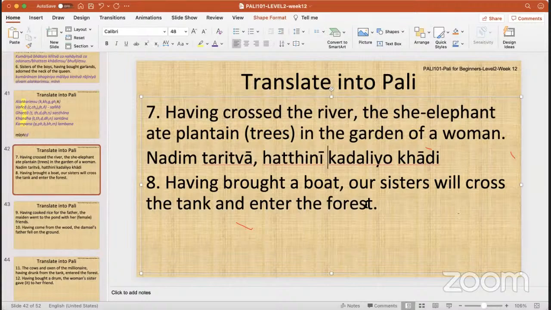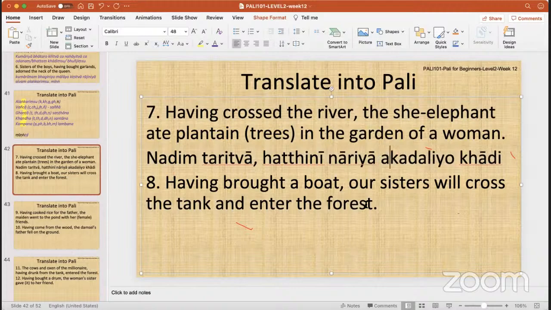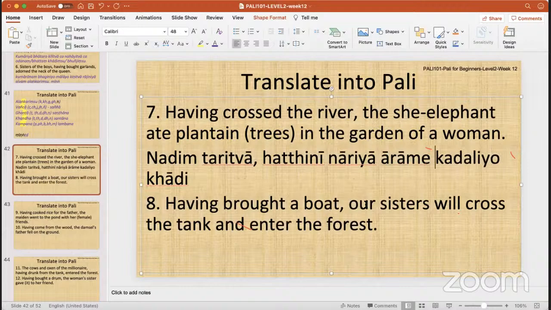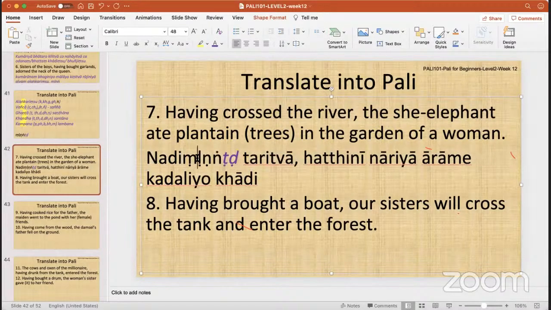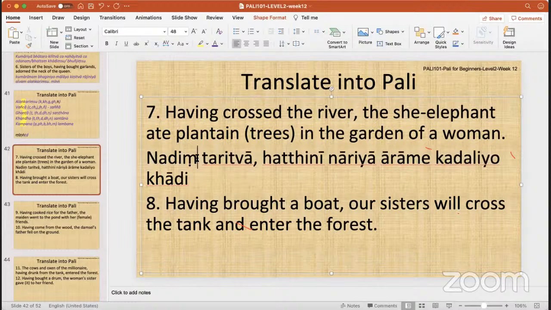Nading taritva hathini narya arame kadaliyo khadi. Is that okay? Is that clear to everyone? Nading taritva hathini narya arame kadaliyo khadi.